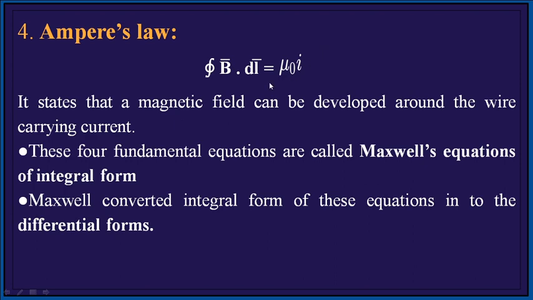We are able to produce the magnetic field by using the current. A magnetic field can be developed around a wire that carries current. So this is basically Ampere's law, and the mathematical form of Ampere's law is considered as the fourth fundamental Maxwell equation.